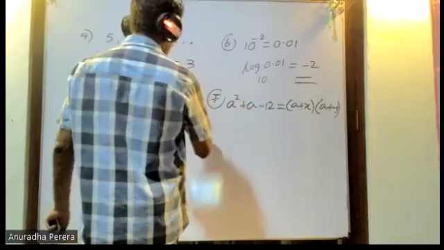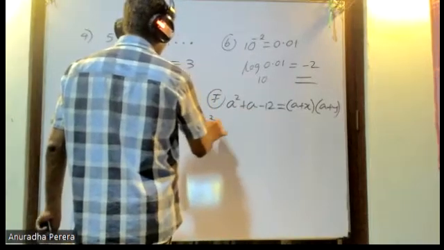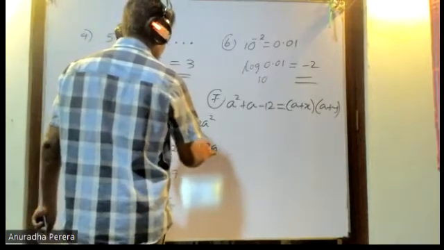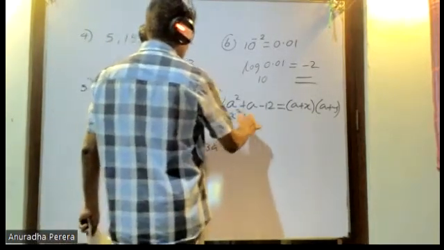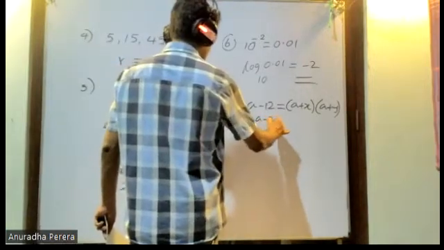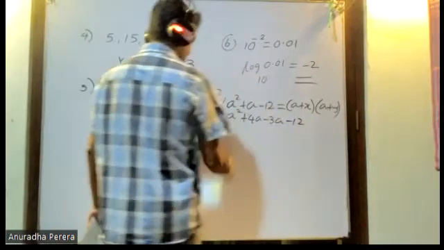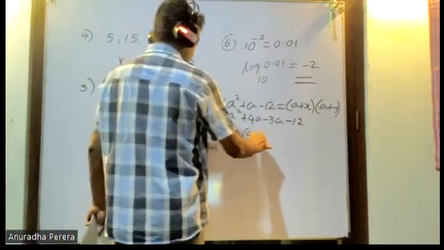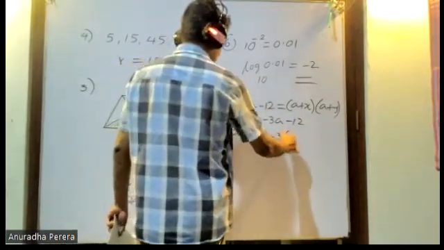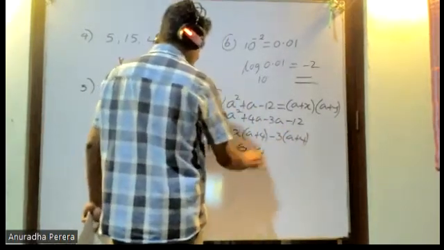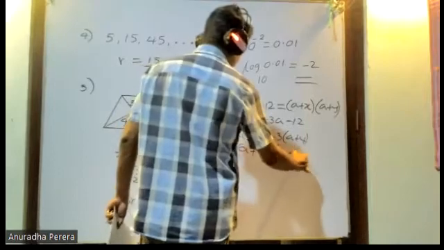If you take the product minus 12a squared, the factors are 4a and minus 3a, which gives a squared plus 4a minus 3a minus 12. So a plus 4, and the other one, a minus 3.